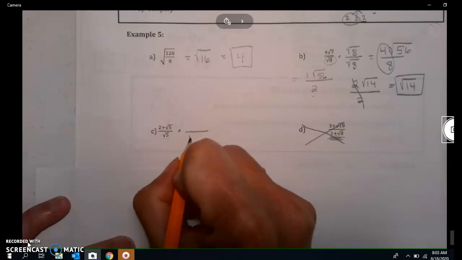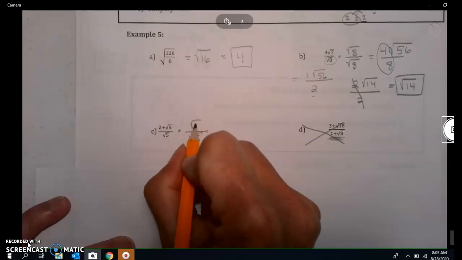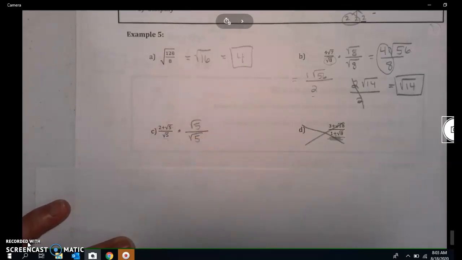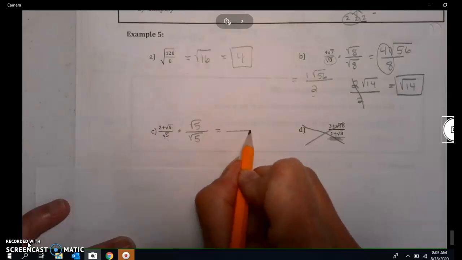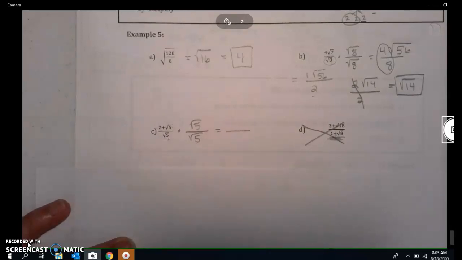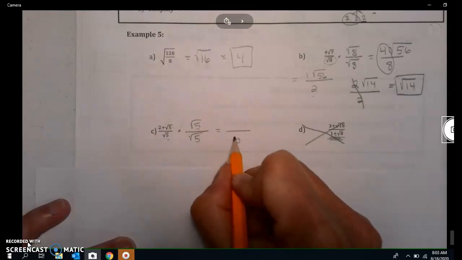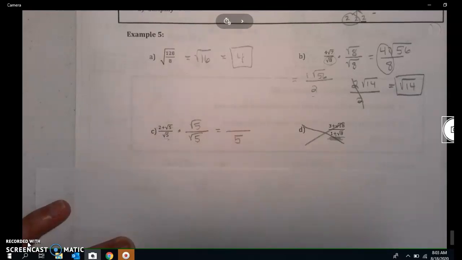So that's what we're going to do. So we're going to multiply rad 5 and rad 5. And on the bottom, again, the reason why we do this is because rad 5 times rad 5 is rad 25. The square root of 25 is just 5. That'll always happen. Whatever's under there will just appear there without the little house. Okay, so now we're going to multiply this. Now this is a distributing thing, right?